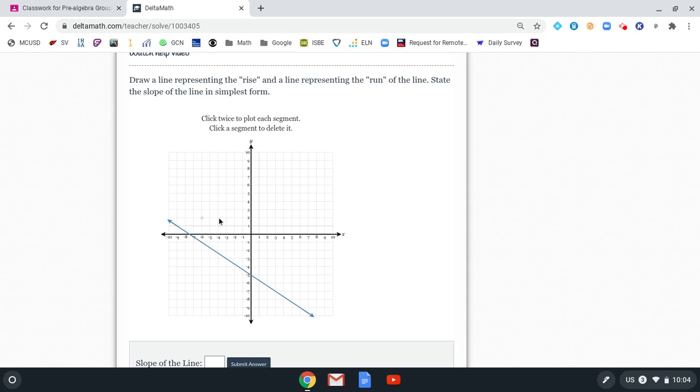So if I'm looking here at my line, I'm looking at this blue line. I'm going to pick a point that goes through the grid markers nicely. Let's see. I see this one here goes through it nicely, so I'm going to pick that one. And then I got to figure out my rise and my run. I like to always do my rise first because I feel like that's what comes first in slope. So if I do my rise first, this line is going down.